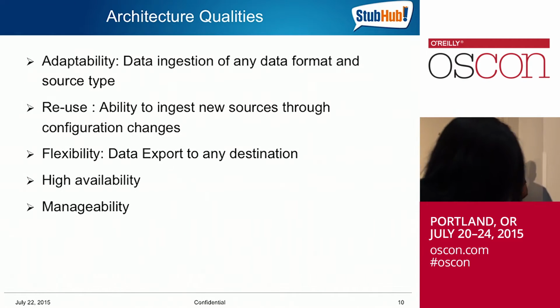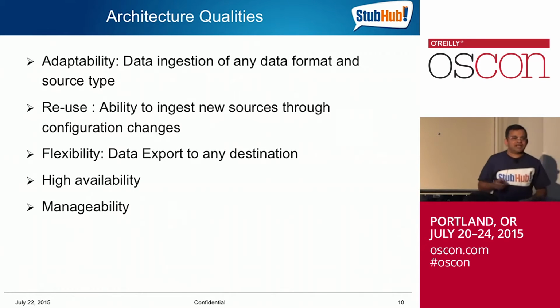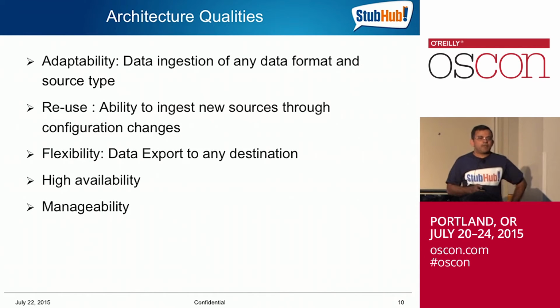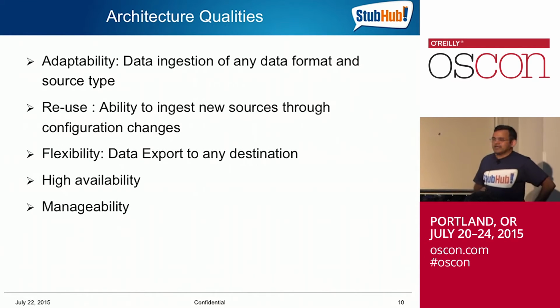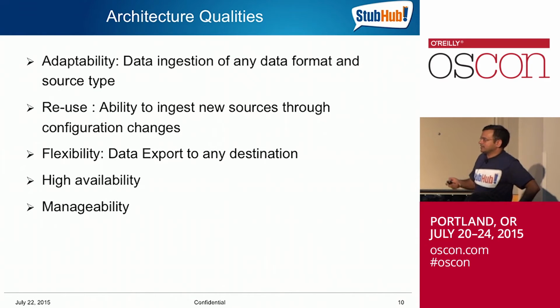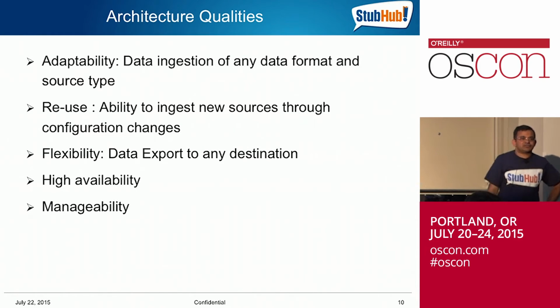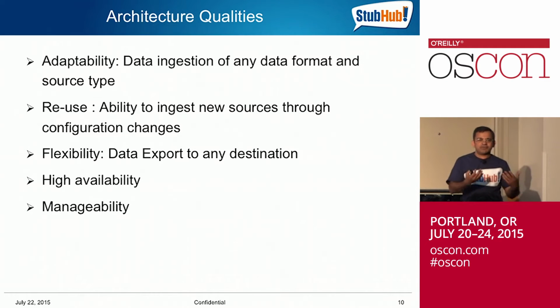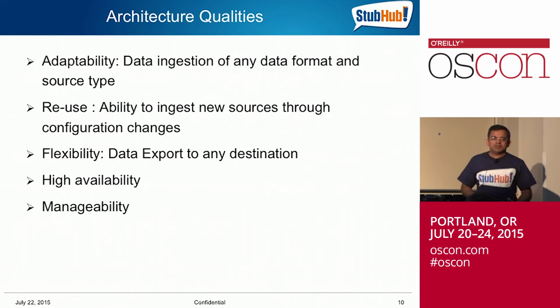The qualities that we kept in mind as we were building this, and again, these are not necessarily rocket science, but some of the key principles that we followed: we wanted to make this as generic as possible. This is data ingestion for any source and type. It should not be specific or hard-coded to a particular type. We wanted that extensibility. And the reuse part of it, as some of the data source adapters are part of the framework, and some you might be building your own in configuration, but how do you leverage that?